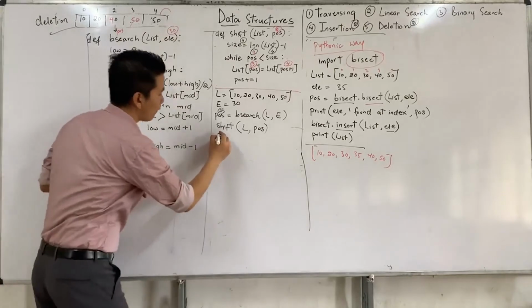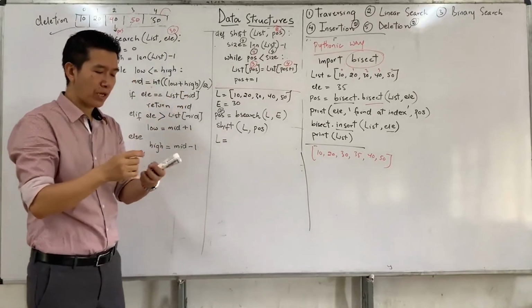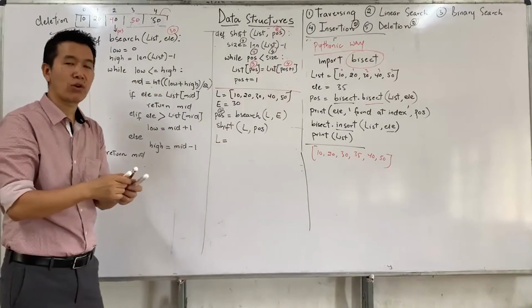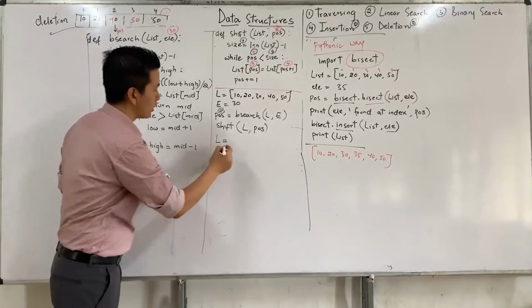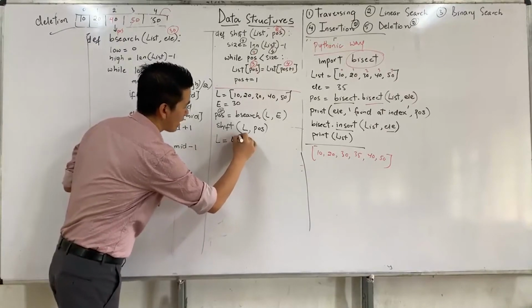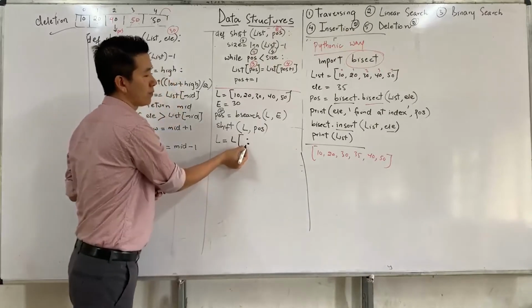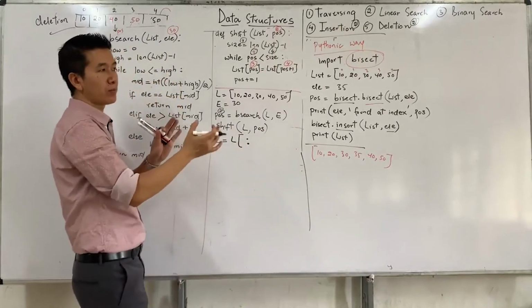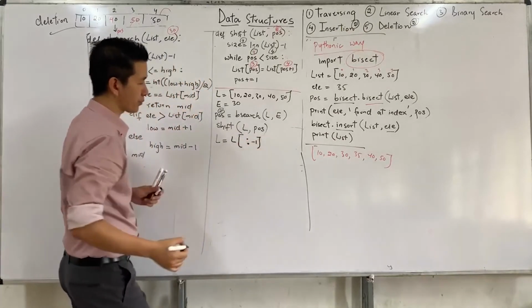So L, you can use the slicing of the list. I hope you remember, slicing of list as covered in class 11 syllabus. So why don't you slice the list like this? Colon, you're supposed to have the colon to separate the starting value and then the end value, right? -1.